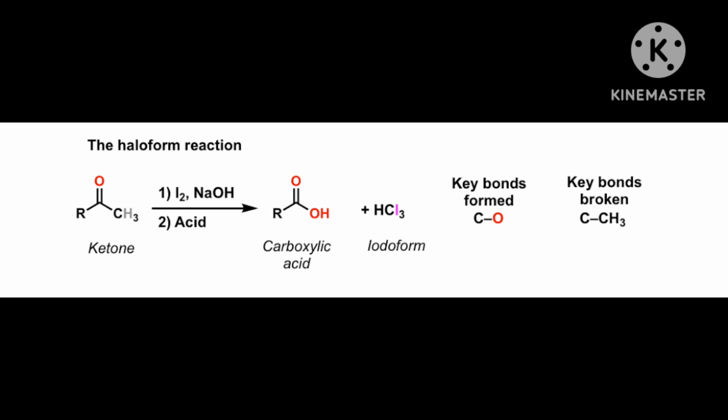This iodoform color is yellow. When this ketone reacts with iodine, if the CH3CO group is there, it gives a yellow solid precipitate.